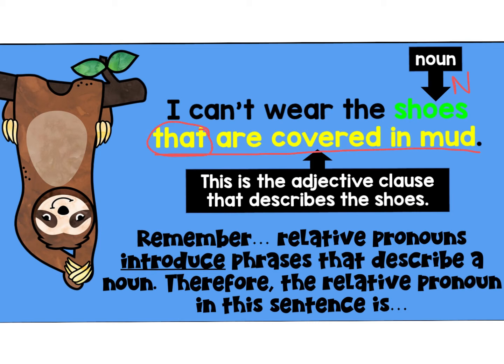That was our relative pronoun. Remember, a relative pronoun has to start your adjective clause. Relative pronouns introduce the phrase that describes a noun. That phrase is also known as an adjective clause.